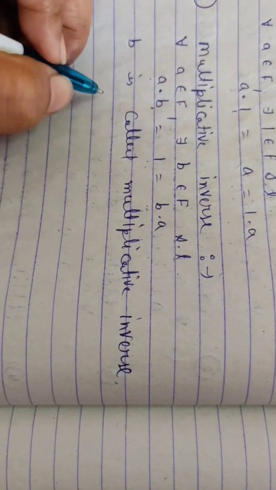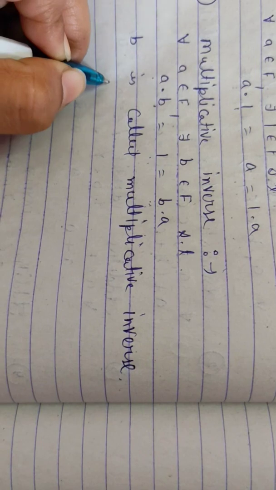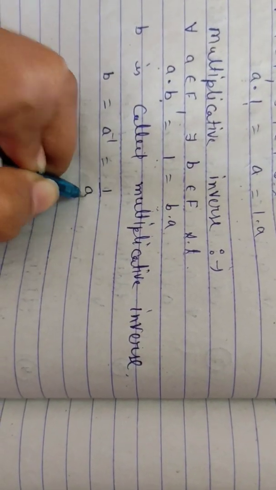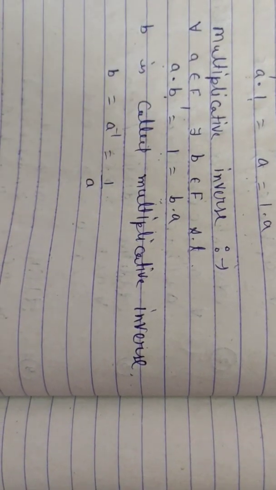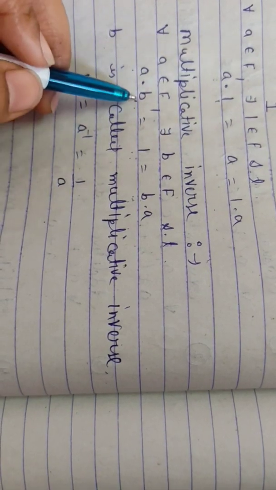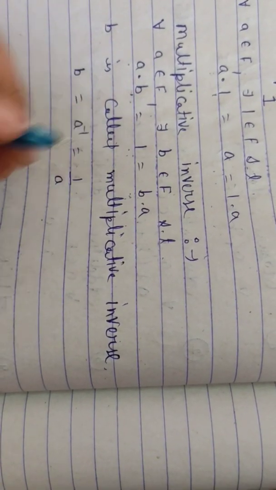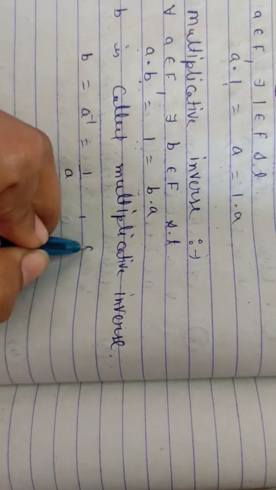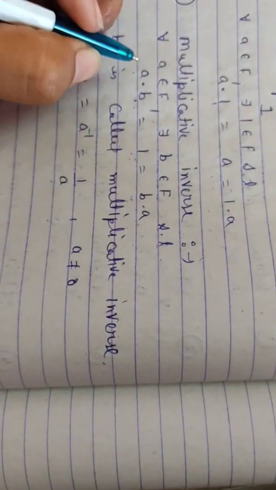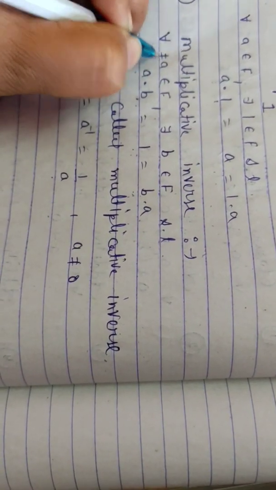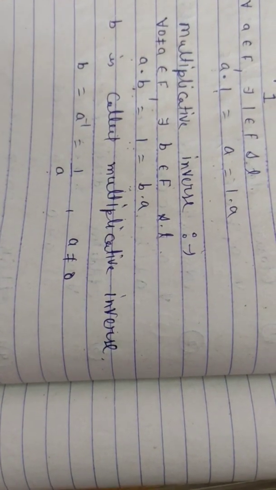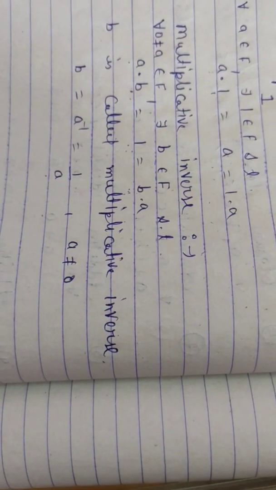Here b can be represented by a inverse or 1 upon a. In this equation, a · b is equal to 1, which implies that b is equal to 1 upon a. So here a is not equal to 0. In our condition, we have to write that a is not equal to 0, a element of F, if we want to find the multiplicative inverse of a.